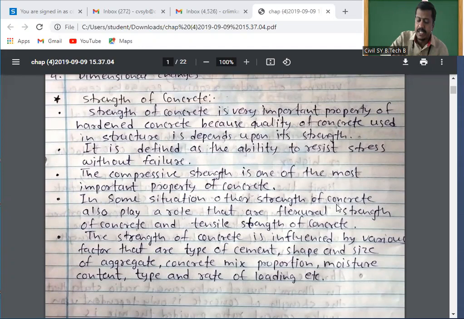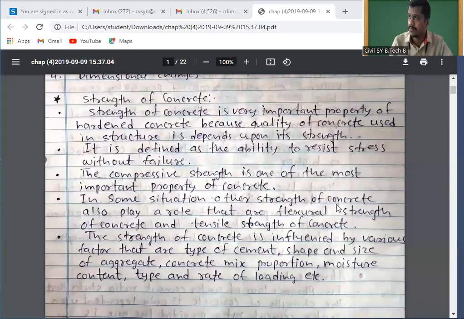That capacity of the concrete to sustain the load acting on it before failure is very important for us. That ability of resisting the stress or of taking the load, you can call the strength of that particular concrete. Specifically, they have used the words ability to resist the stress.